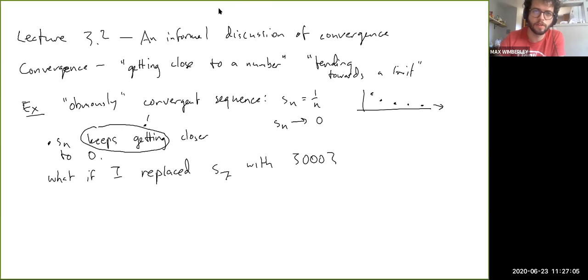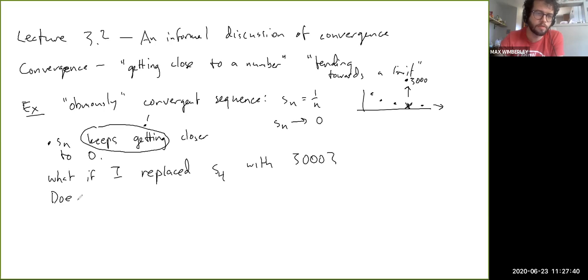Well, actually, let's hold on. Maybe not 7. Let's say S4. Not that it matters, but just for the sake of drawing. So instead of a dot down here, there would be a dot way up at 3000, randomly, just out of nowhere, right? It's doing its thing, and then suddenly out of nowhere, it just skyrockets, and then it comes back down, right?